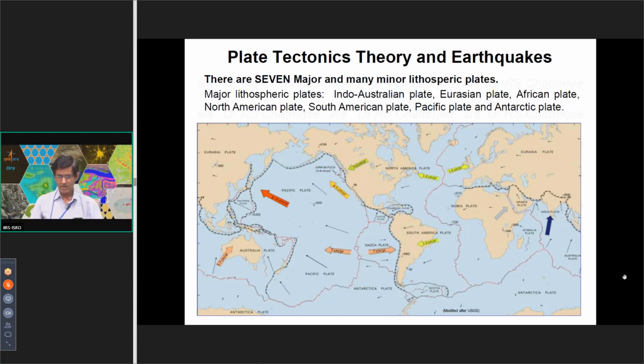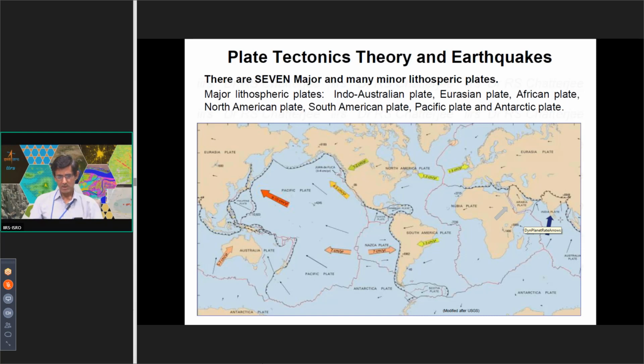Now you can see in the illustration below, for example, the Indian plate on the right side. That is moving mostly towards north, a little bit from north to northeast. Whereas the African plate, this differential movement is mostly towards northeast.